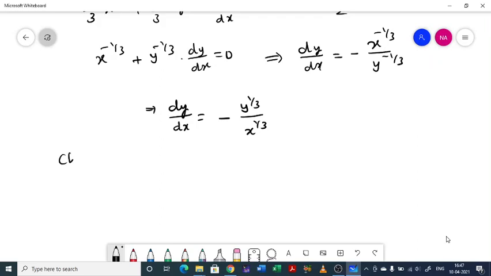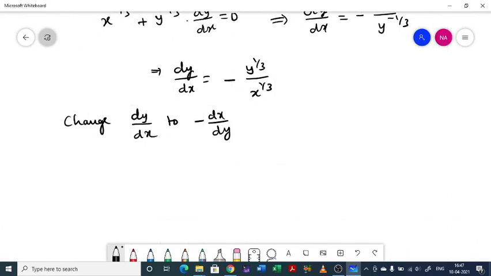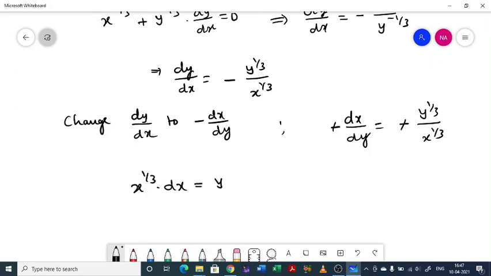Now change dy by dx to minus dx by dy. So if you change dy by dx to minus dx by dy, we will be having minus dx by dy equal to minus y power 1 by 3 divided by x power 1 by 3. That negative sign gets cancelled. Cross multiplying this, it will be x power 1 by 3 into dx equal to y power 1 by 3 into dy.